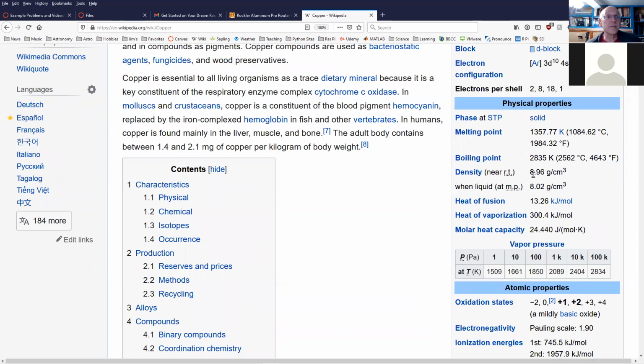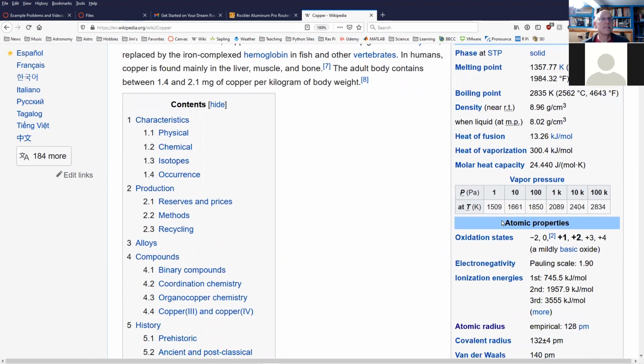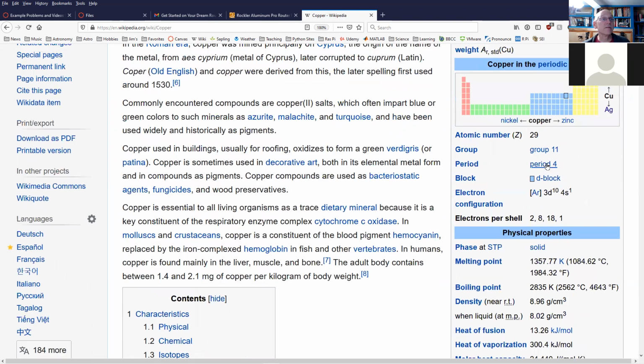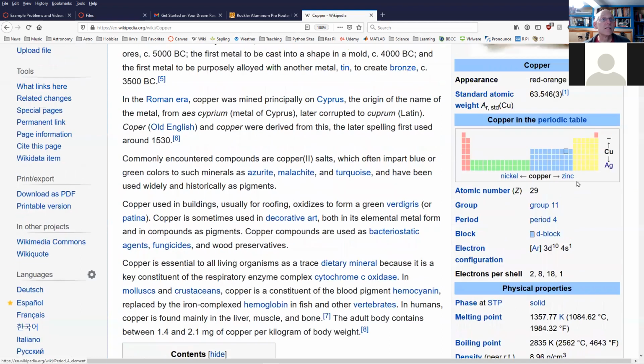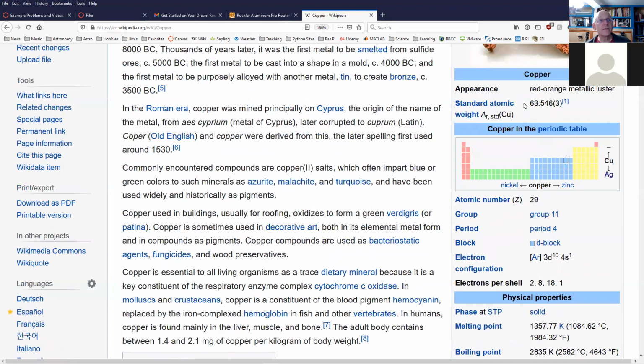Density, near room temperature, 8.96 grams per cubic centimeter, which actually ends up being 8.96 times 10 to the 3rd kilograms per cubic meter. And then times the molar mass, standard atomic weight. Okay, that's approximately that.